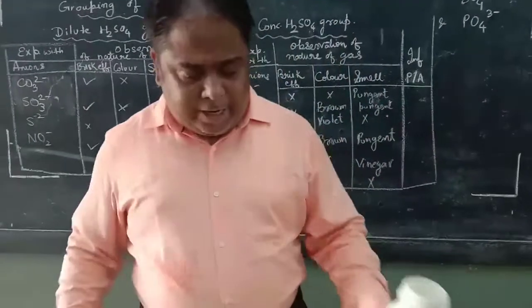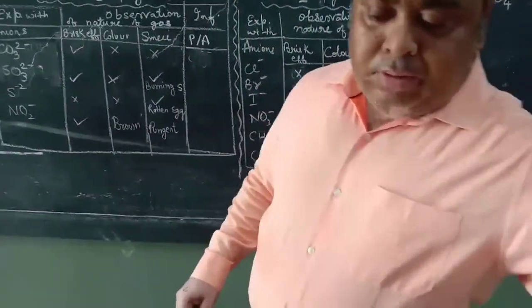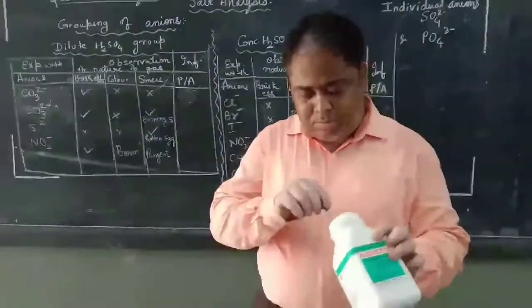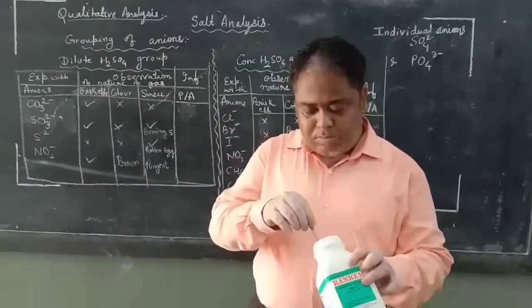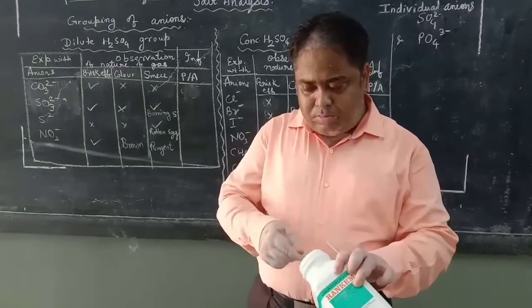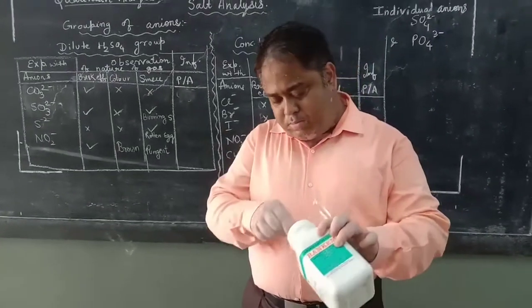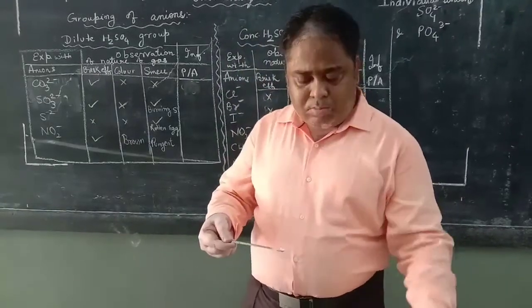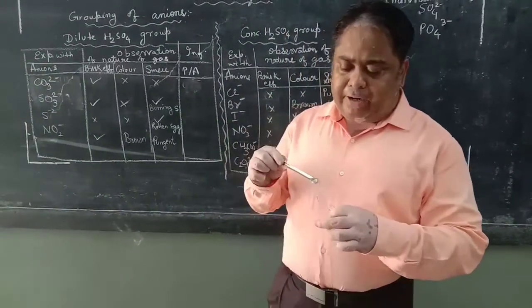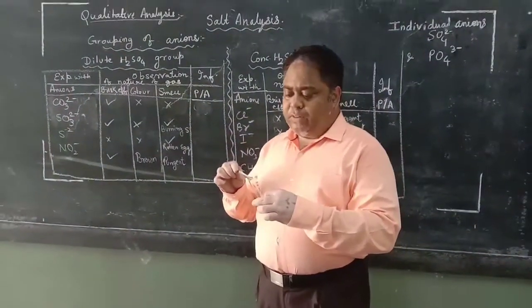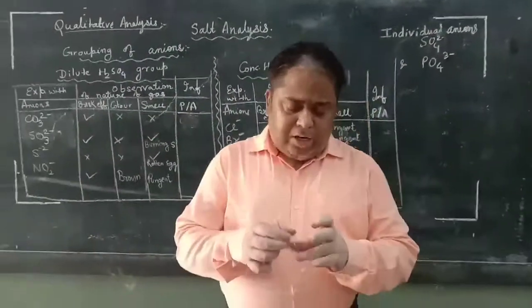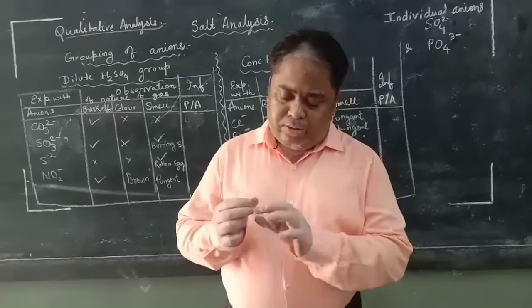It is ammonium chloride. Now ammonium chloride with dilute H2SO4 will give a warmth in the solution.